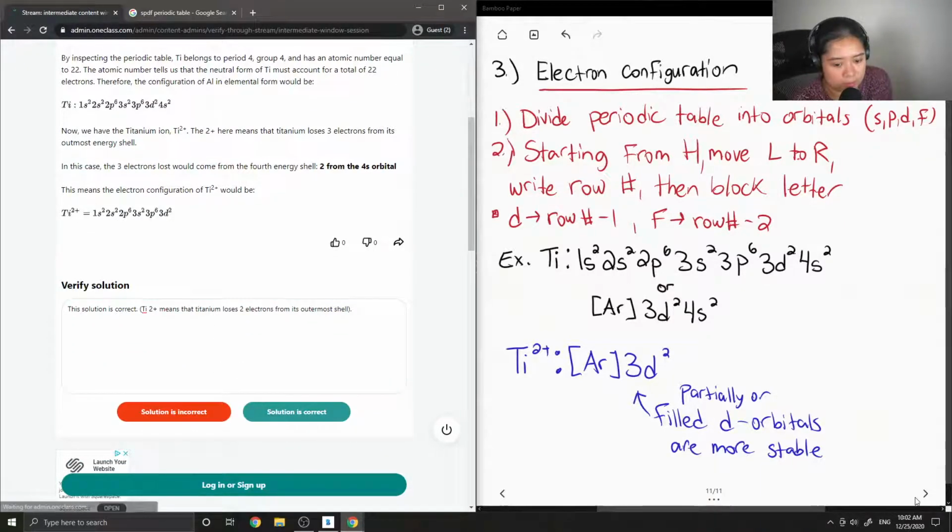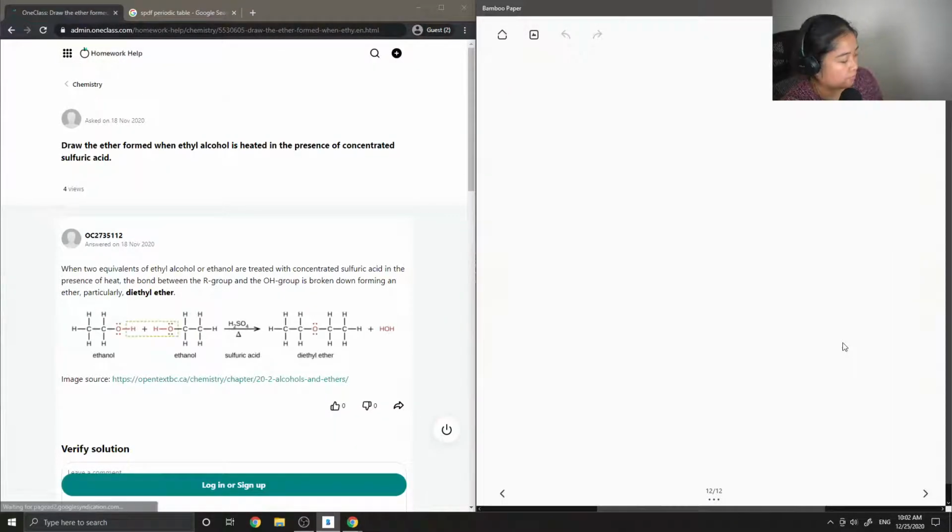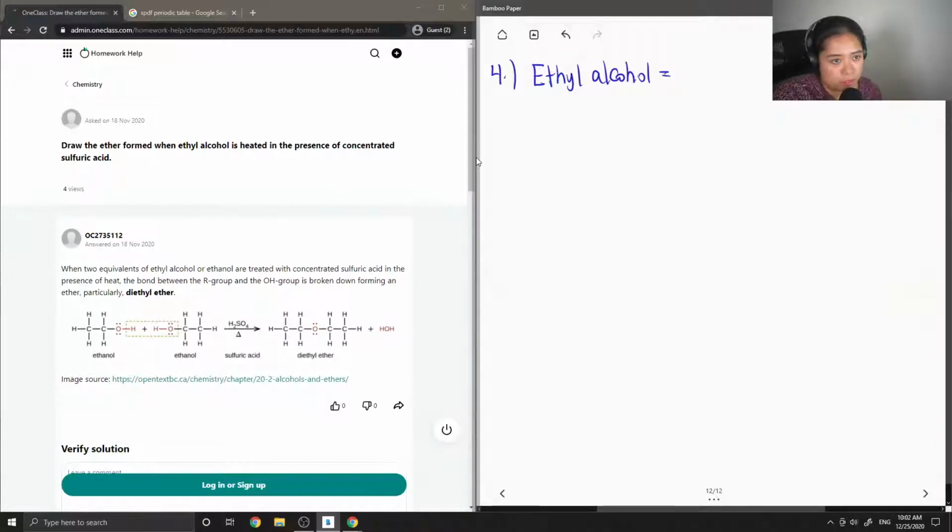Okay, so on to question number 4. Draw the ether formed when ethyl alcohol is heated in the presence of concentrated sulfuric acid. Okay, so ethyl alcohol is also referred to as ethanol.